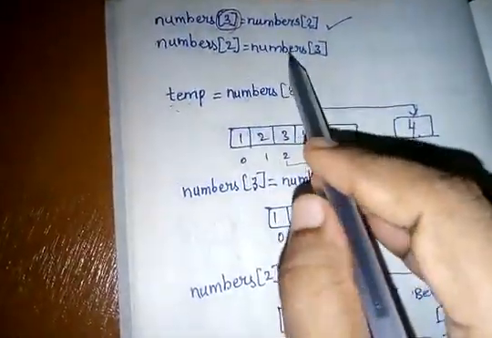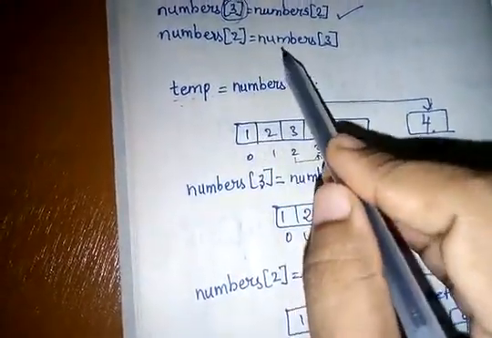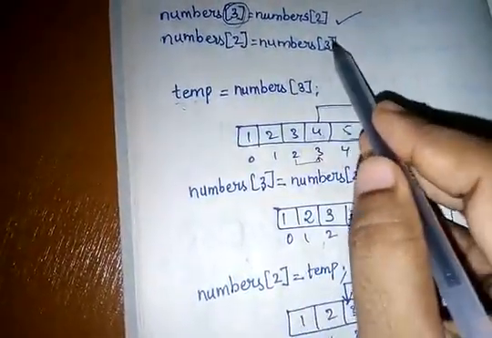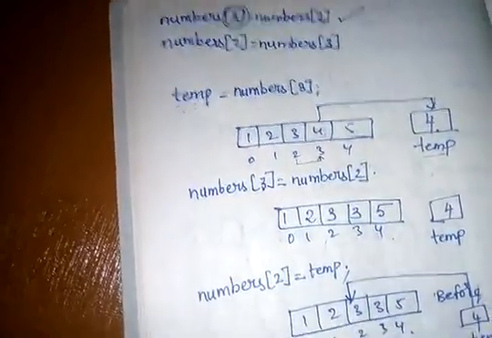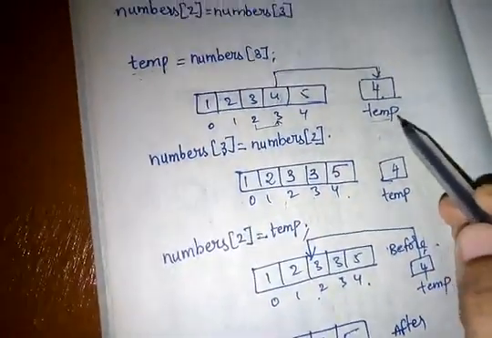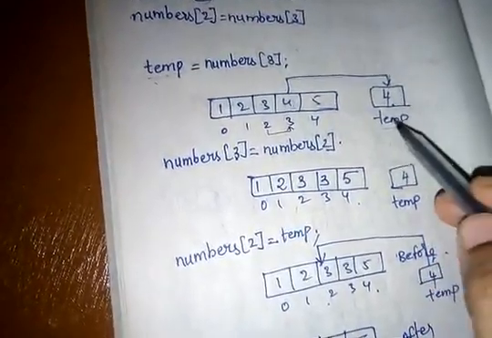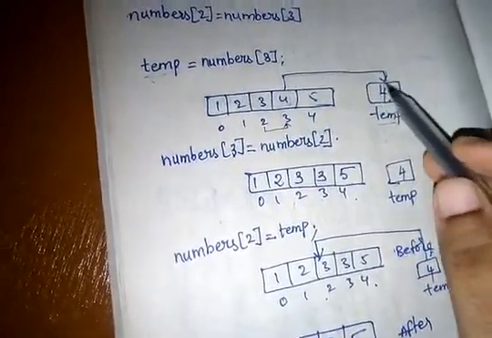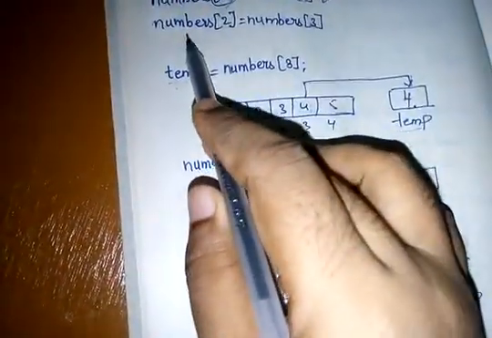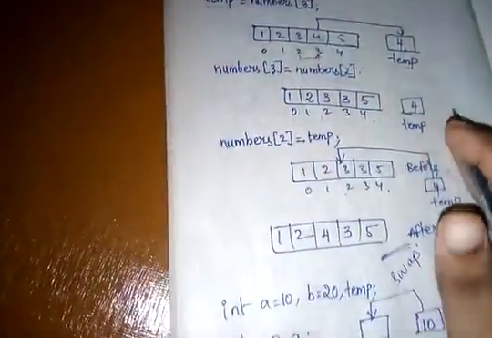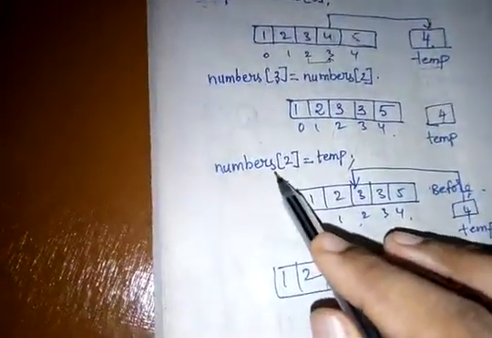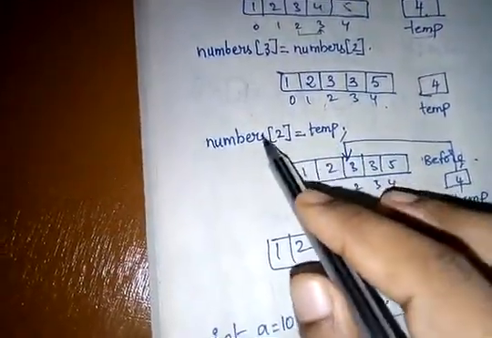But previously, the actual element at index 3 was copied to a temporary variable. So now if we copy the temporary variable value into numbers of 2, then we can have the actual exchange. So what I am doing is, numbers of 2 is equal to temporary variable.